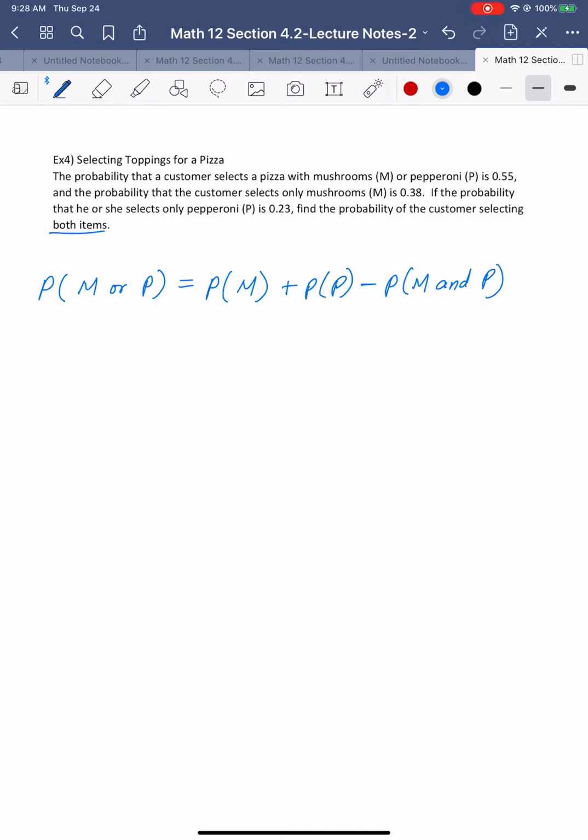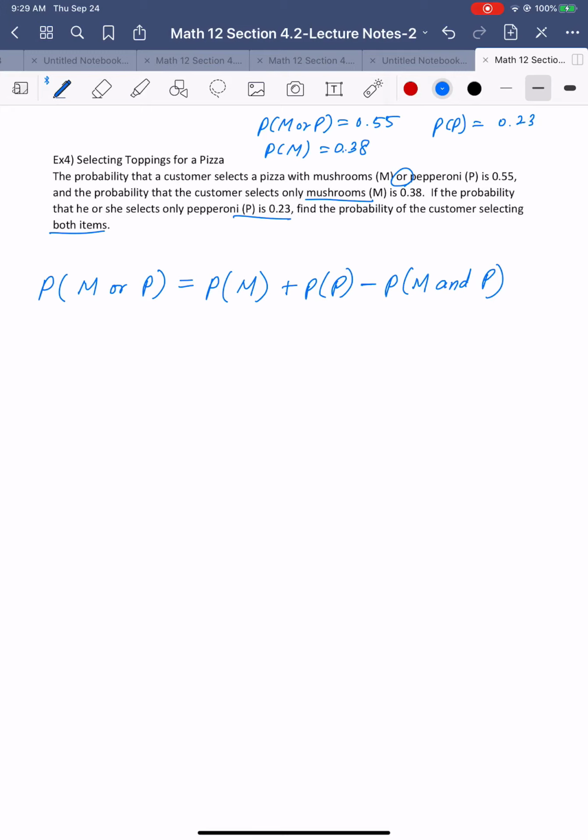The probability that the customer picks a pizza with mushroom or pepperoni, P of M or P, is 0.55. The people who only like mushroom, P of mushroom, is 0.38. Then only the pepperoni is 0.23.